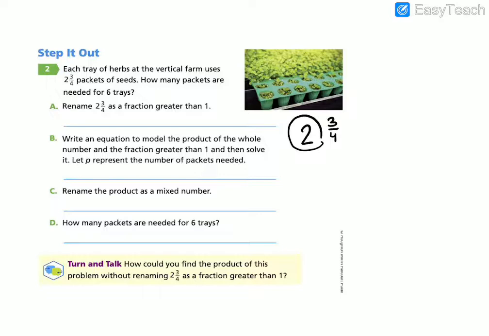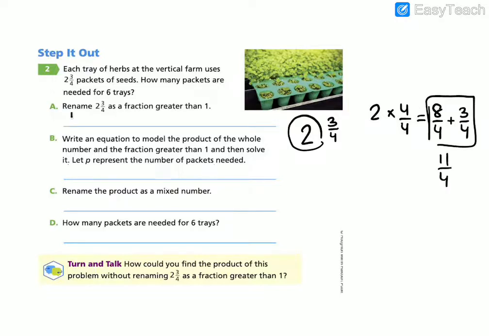How can I rename 2 with a denominator of 4? I know that this is 2 groups of 4/4. So it's going to equal 8/4 plus my additional 3/4. This will give me 11/4.